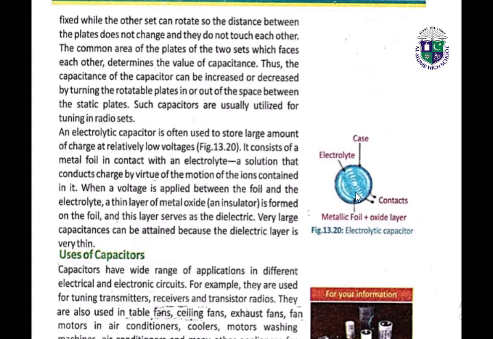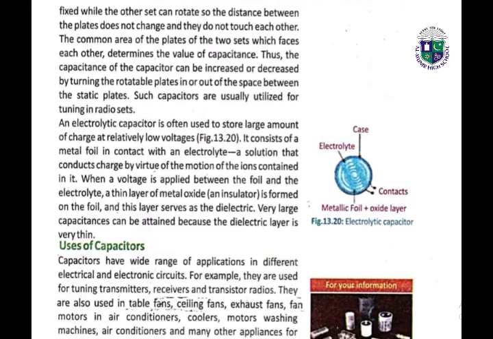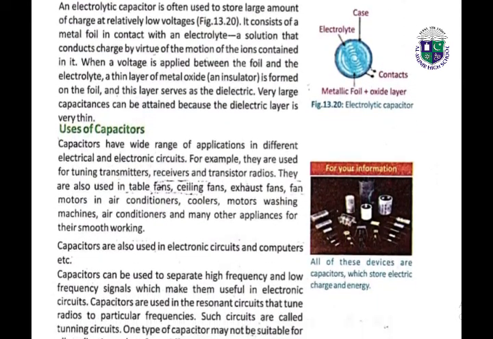So that is the meaning of electrolyte. When a voltage is applied between the foil and the electrolyte, a thin layer of metal oxide, an insulator, is formed on the foil, and this layer serves as the dielectric. Very large capacitances can be attained because the dielectric layer is very thin. So it is all about the electrolytic capacitor.